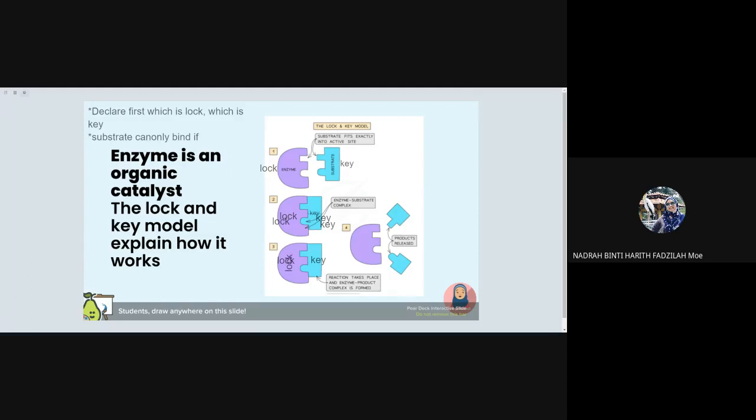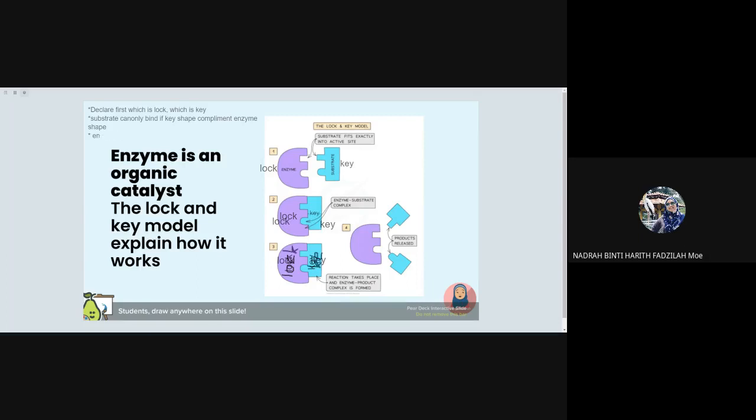So when the substrate enters the active site, it will form enzyme substrate complex. So kalau katalah enzyme dia ialah sucrase, substrate dia ialah sucrose, kita tak panggil lah dia enzyme substrate complex. Kita panggil lah sucrase sucrose complex. Kita tukarlah nama dia sebab kita dah tahu nama enzyme dia apa, nama substrate dia apa.